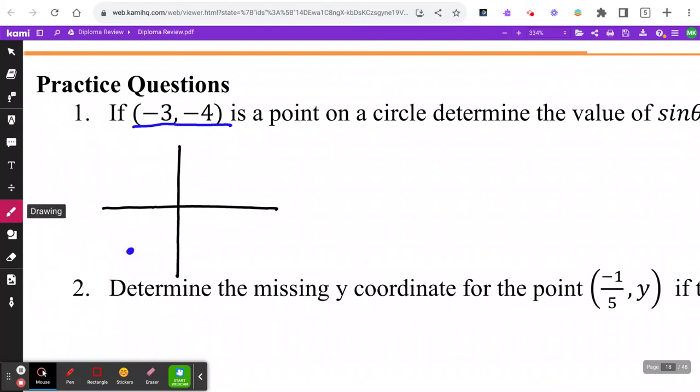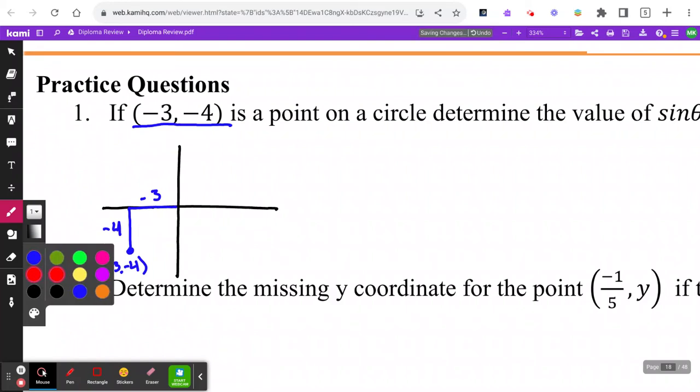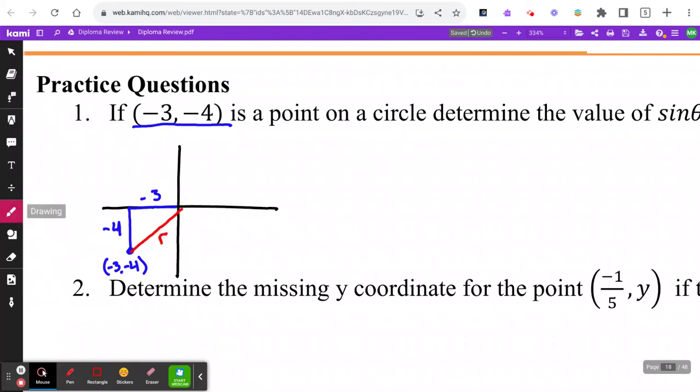I'm down here. When you get to the trig part of your test, everything's a triangle. The triangle is what happens when you do those coordinates, which is 3 to the left and then 4 down. By connecting to the origin, you have a nice little triangle.